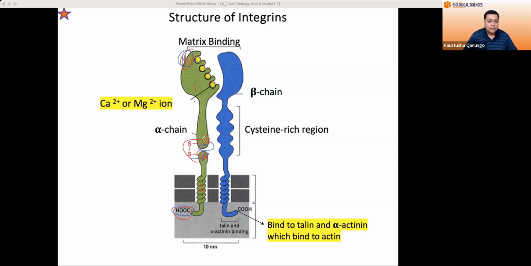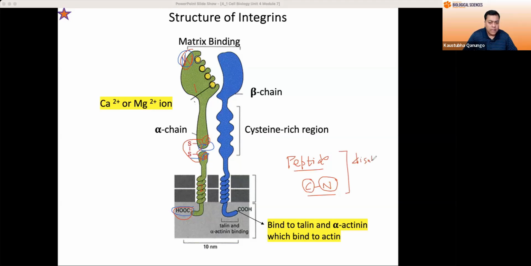So what is the difference? In between 1 and 2, instead of a peptide bond, remember that peptide bonds are always C to N, from your COOH to the NH2, the CN bond, you have a disulfide bond.